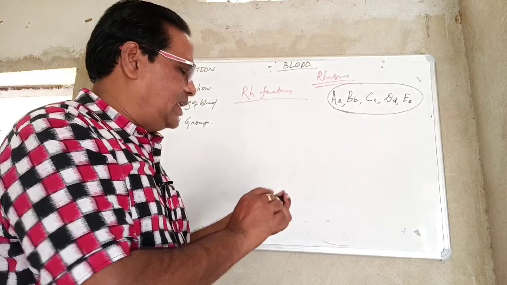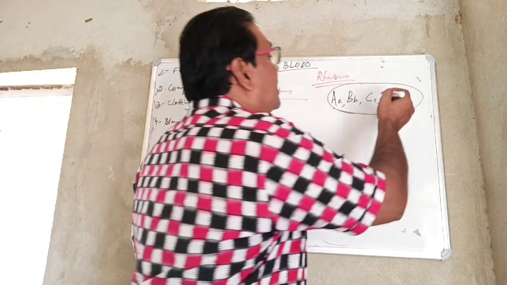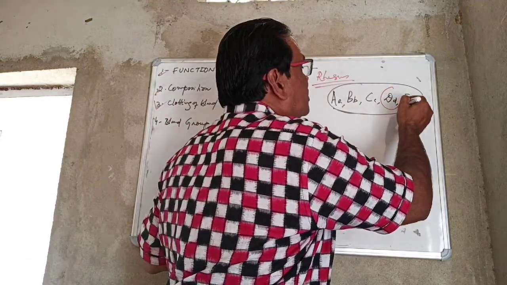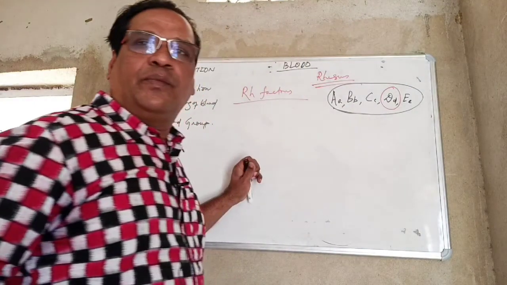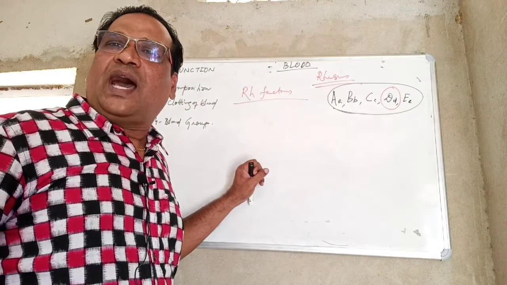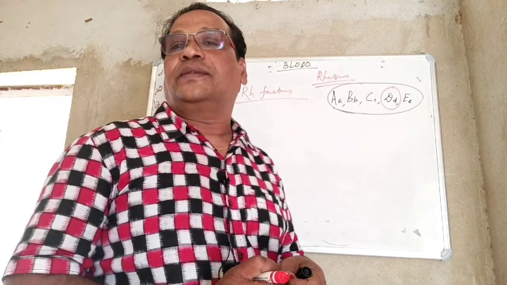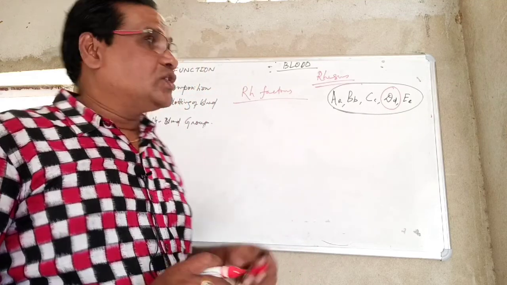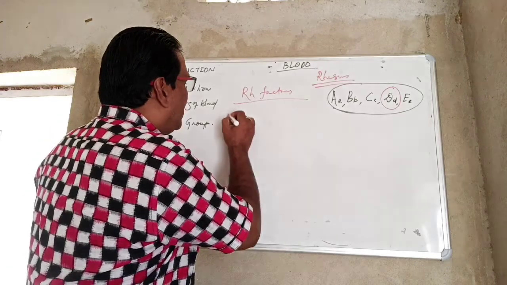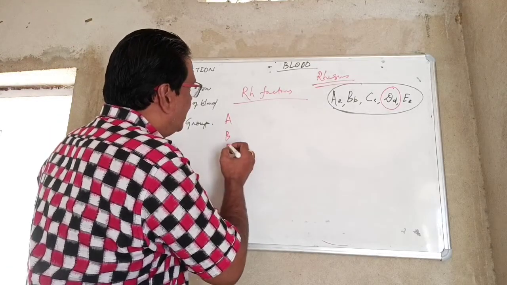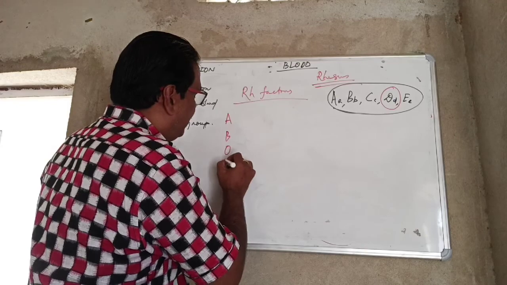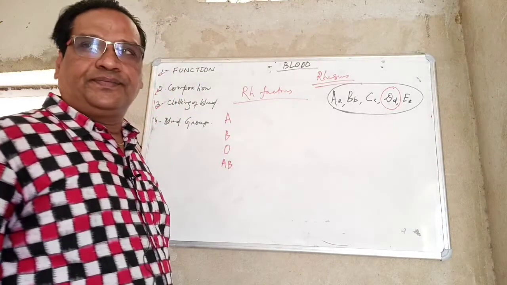Only one thing you have to remember: the Rh factor is detected according to the presence of the D protein. How? Suppose the groups are, as I have told, A, B, O, AB.